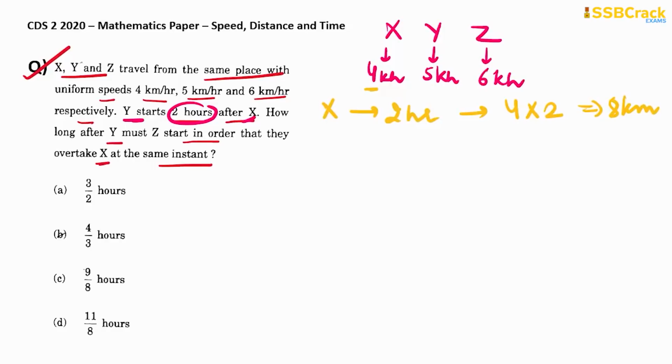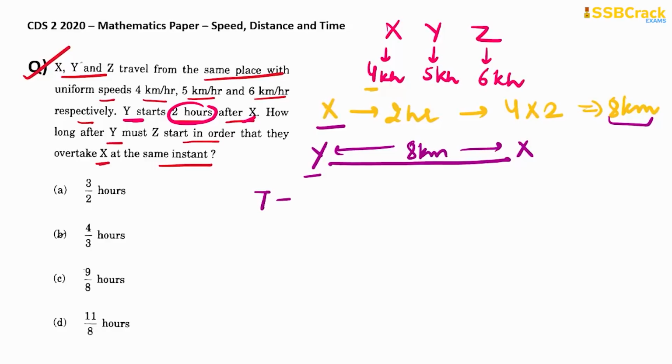Now we are given that after 2 hours y starts. So here x should be at this position when y starts and the difference between them will be 8 kilometers. Now y has to cover this 8 kilometers in order to overtake x. So to overtake x, how much time will be taken by y?